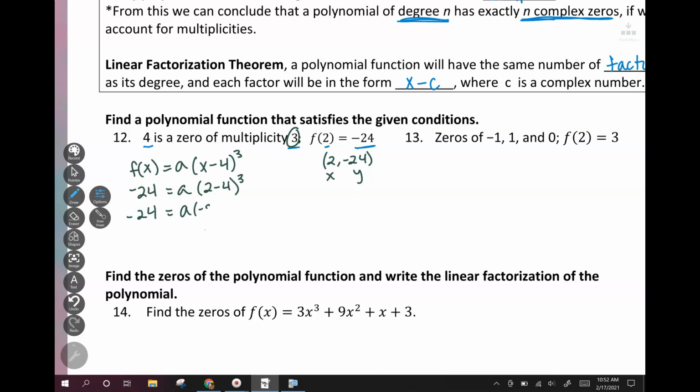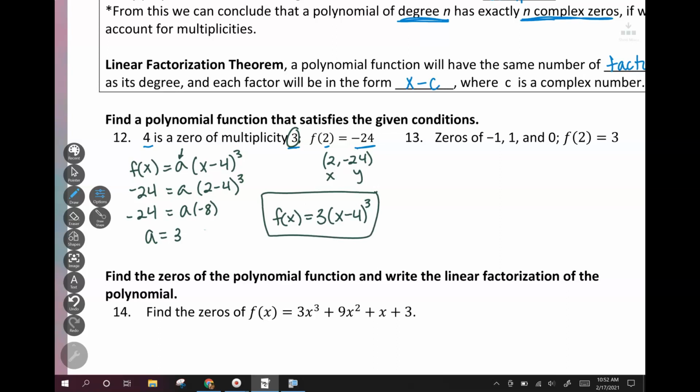Negative 2 cubed is negative 8. So we'll divide by negative 8. So a equals positive 3. Okay, we'll plug that 3 back in for a, right here in the original. So f of x equals 3 times (x minus 4) cubed. And there's your polynomial satisfying those conditions.